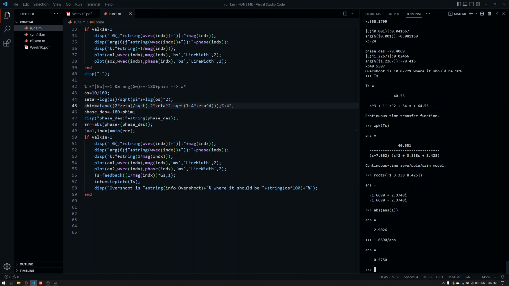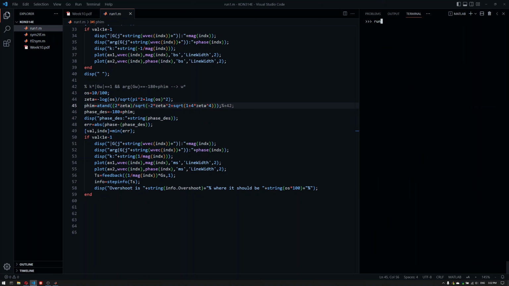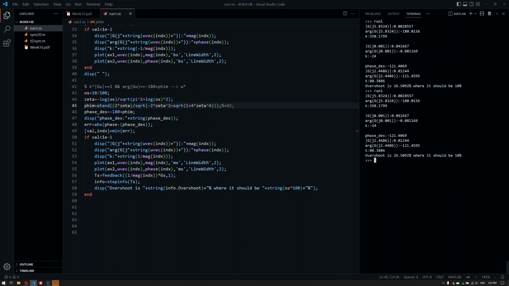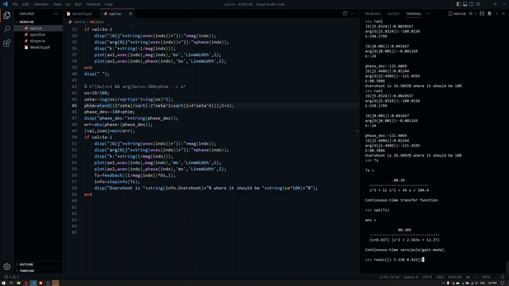So let's maybe repeat this. So you can see that we have TS. Now let's run this one here. Then look for the roots of 2.563 and 12.37.